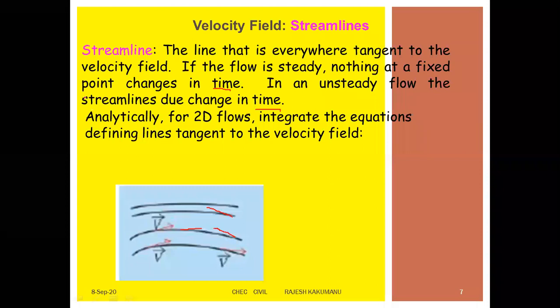Analytically, for 2D flow, integrate the equations defining the lines tangent to the velocity field. The velocity is moving in a certain direction, constantly, uniformly. The tangents you make on it give you the streamlines as they change with time. Thereby, dy by dx equals v by u.